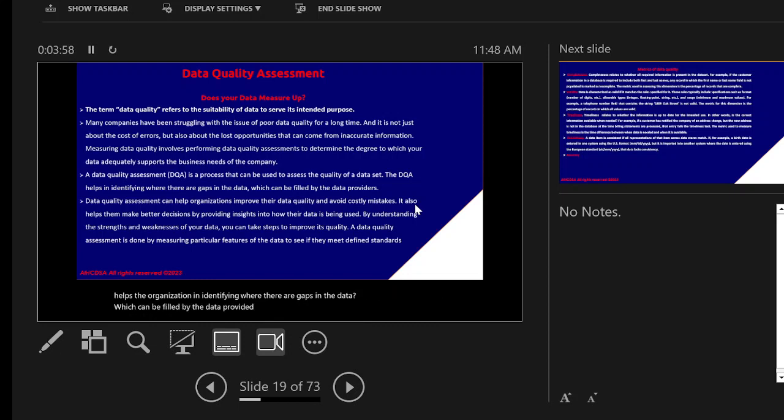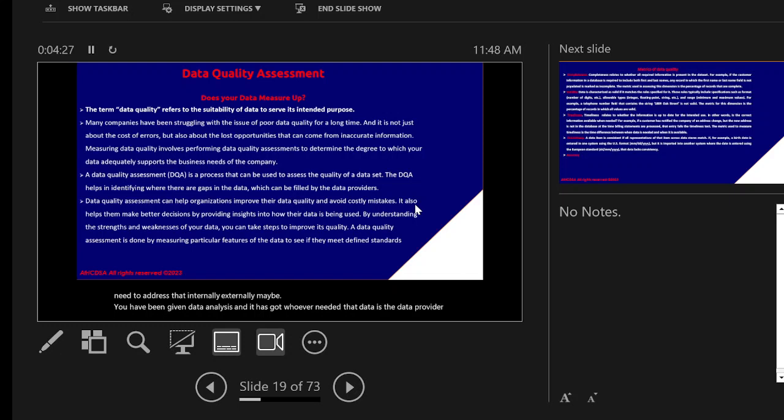A data provider here can be internal or external. In an organization, we have maybe IT departments who manage the database, so if we have gaps they need to address, that's internal. Externally, maybe you have been given data to do an analysis and it has gaps. Whoever gave you that data is the data provider.